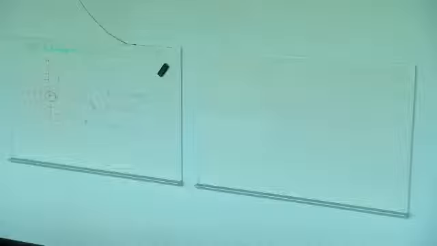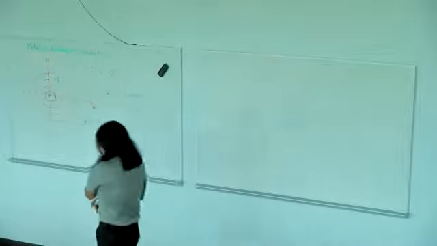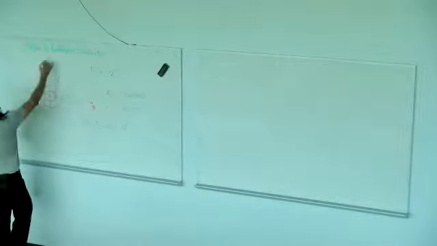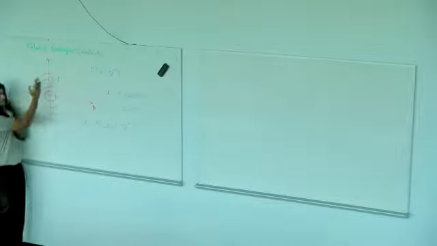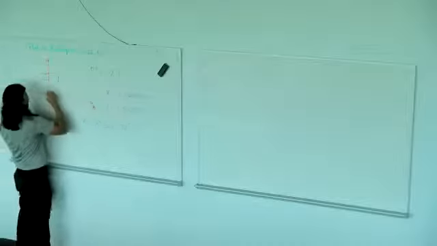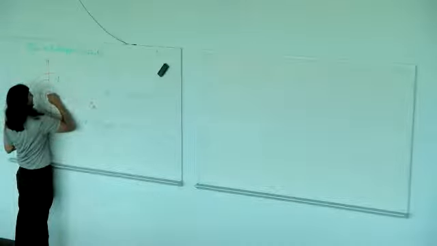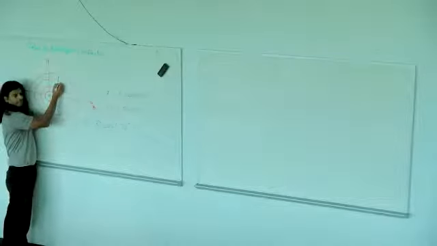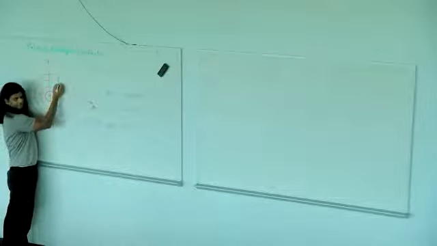What is cosine pi over 2? 0. Clearly, you're going this way, right? 1. A hint: 60 degrees is over here. What is cosine 60?